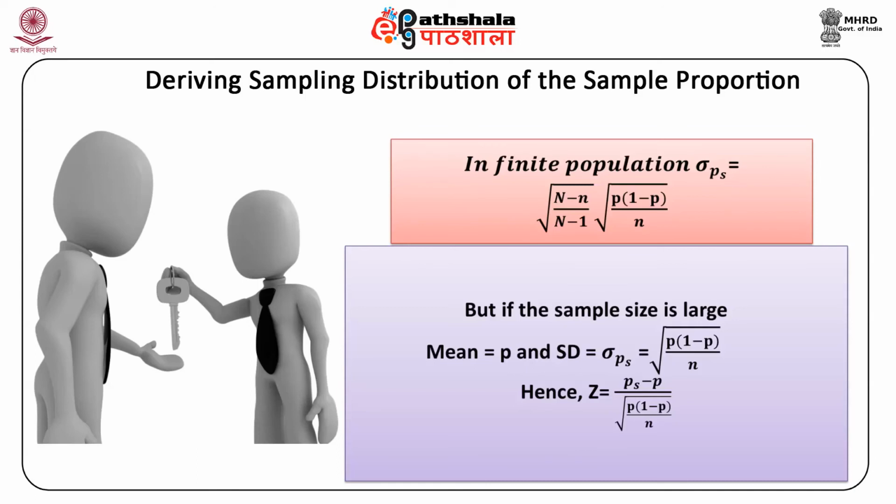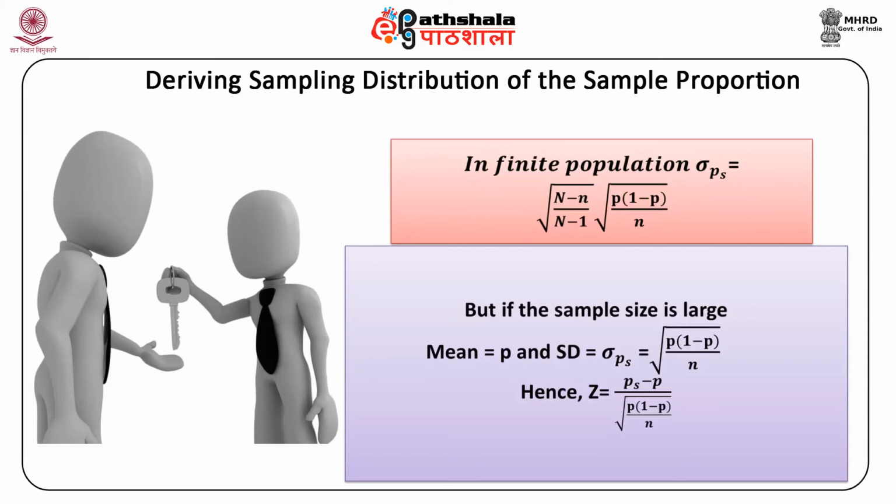Concerning the form of the sampling distribution of the sample proportion ps, we can say it will be approximately normally distributed with a mean equal to p and a standard deviation equal to under root of p into 1 minus p by n, if the sample size is large.